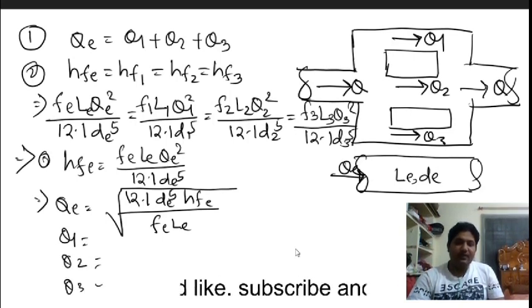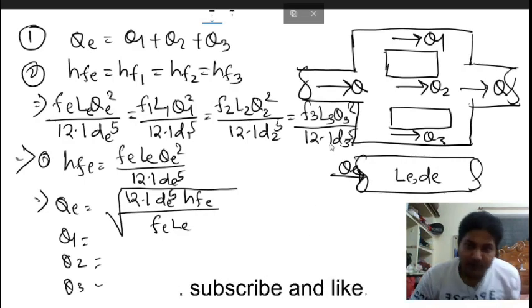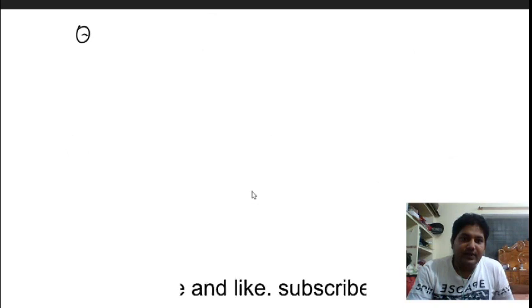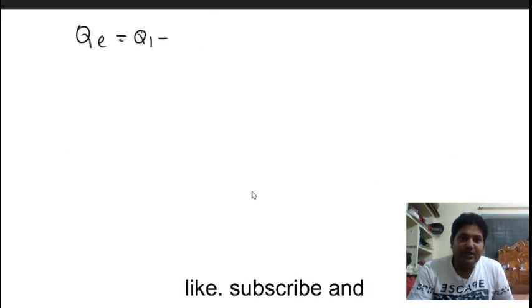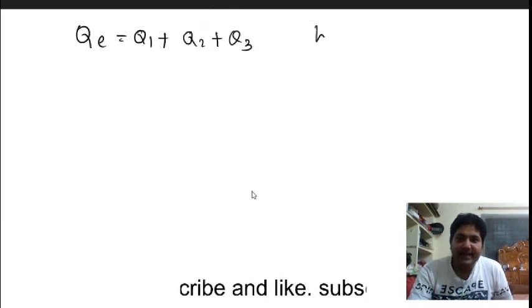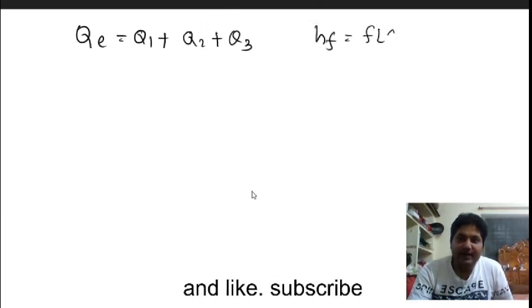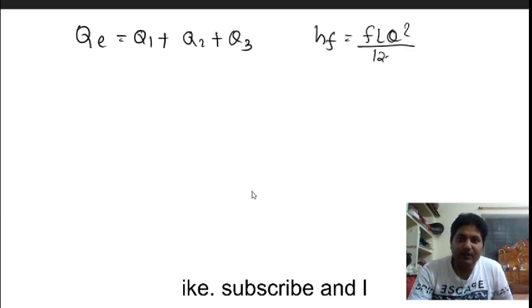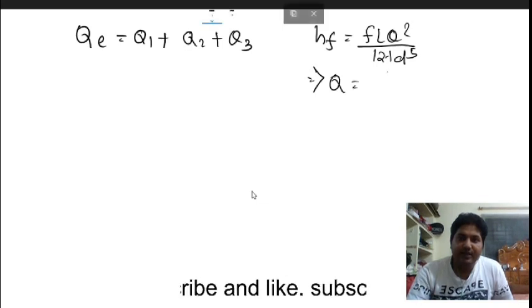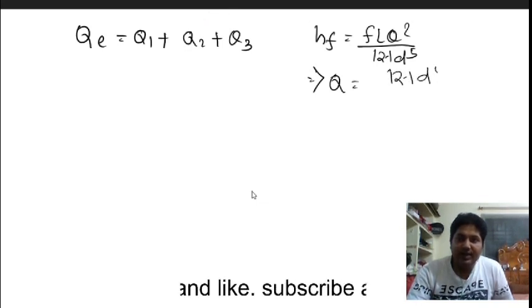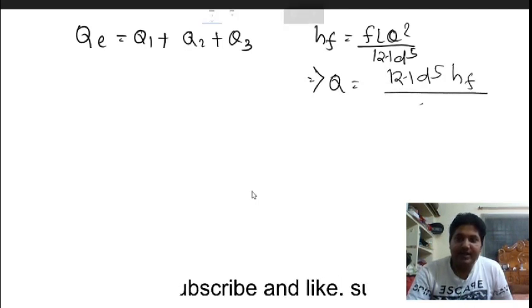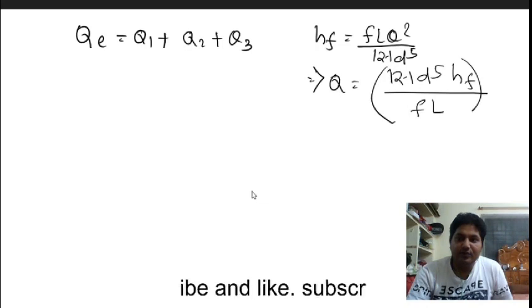Now if I put all these values, the equation will be Q_E equal to Q1 plus Q2 plus Q3. The head loss due to friction will be equal to f L Q square divided by 12.1 D to the power 5, and from here Q comes out as 12.1 D to the power 5 into head loss due to friction divided by f into L, to the power half.